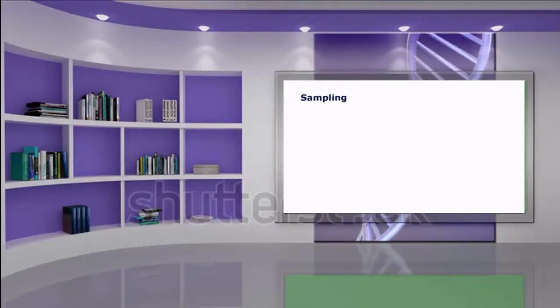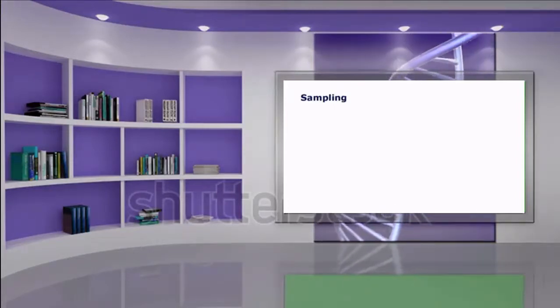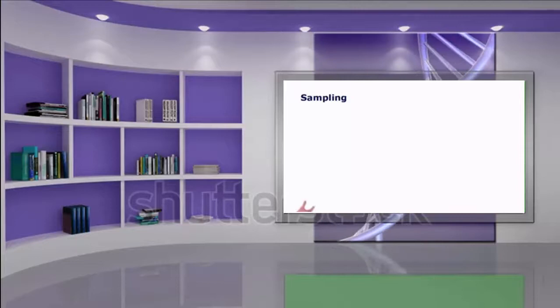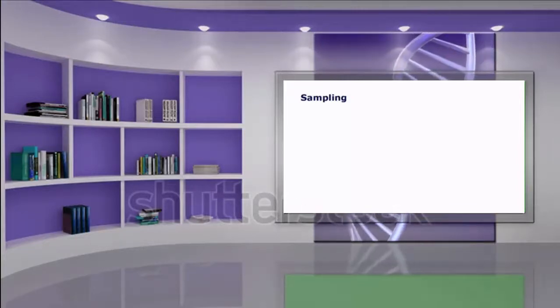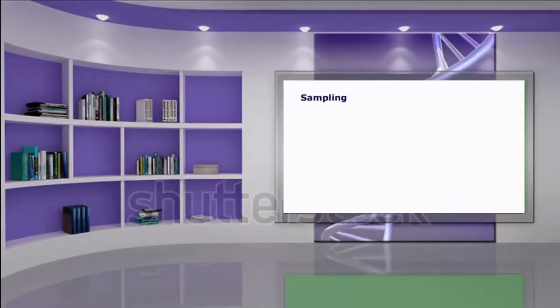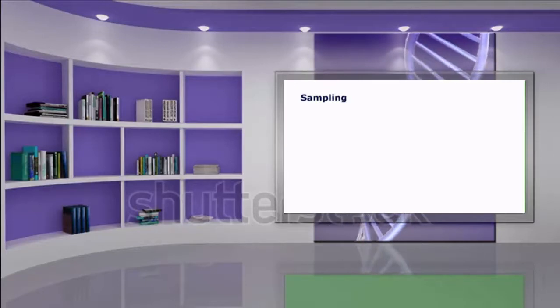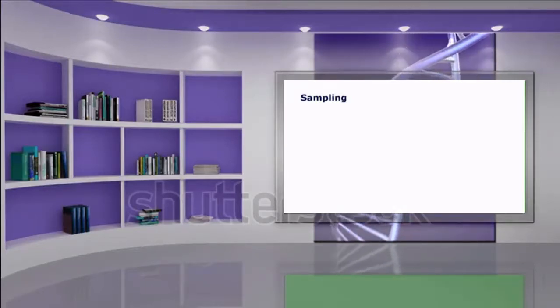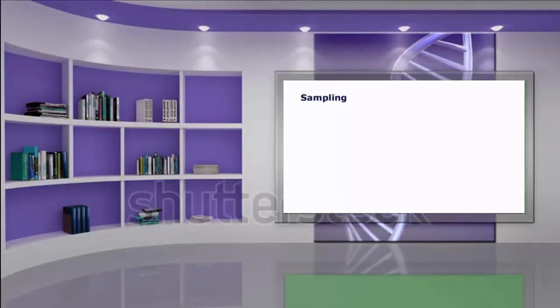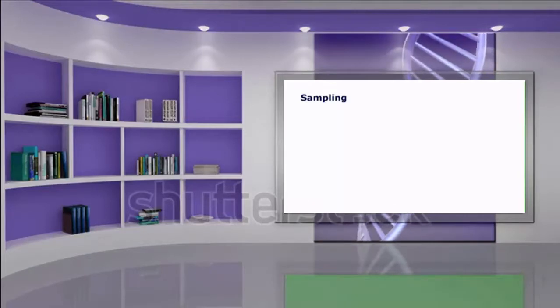Now, if we're applying sampling, all we're doing is selecting samples from the population as a whole and asking them whether or not they'll like our new product, or asking them what TV programs they watch. And we assume that that sample represents the views of the population as a whole.